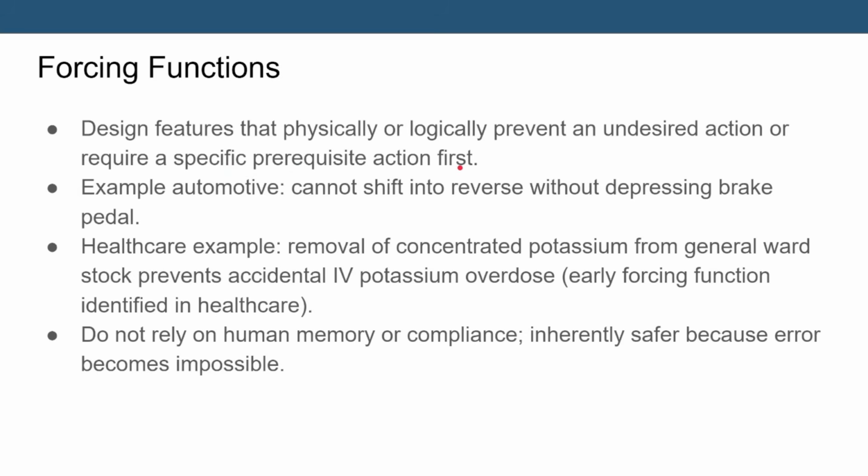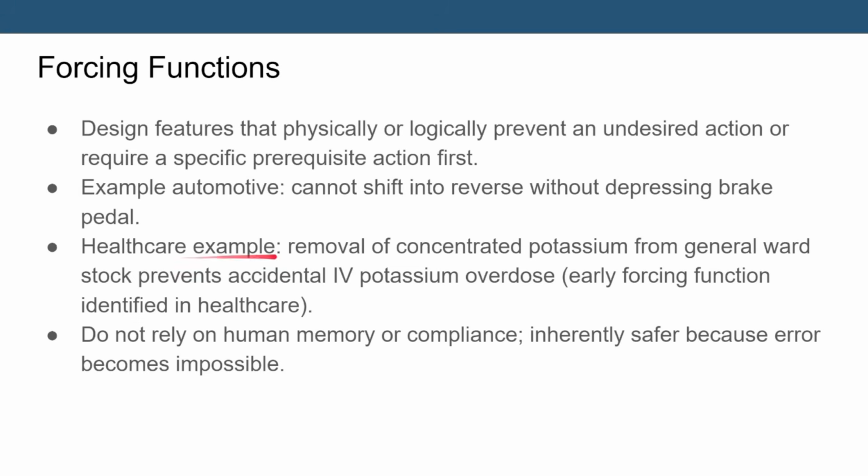So before I get into the healthcare example, I'm going to take an example in the automotive industry. In cars, you cannot shift into reverse without depressing the brake pedal. So you put your leg on the brake pedal and you push it, and then you can shift into reverse. Without that, you cannot accidentally shift into reverse.